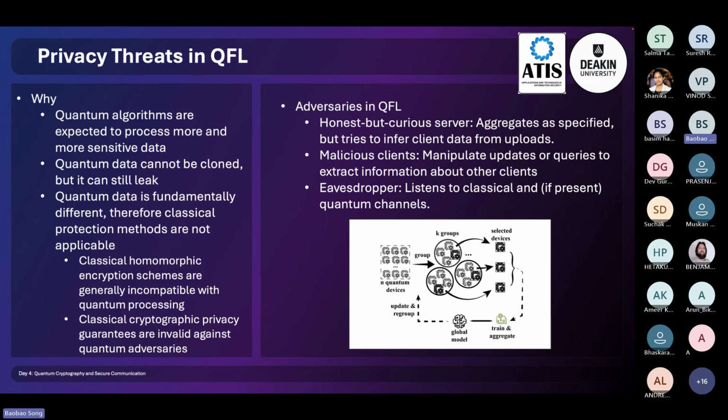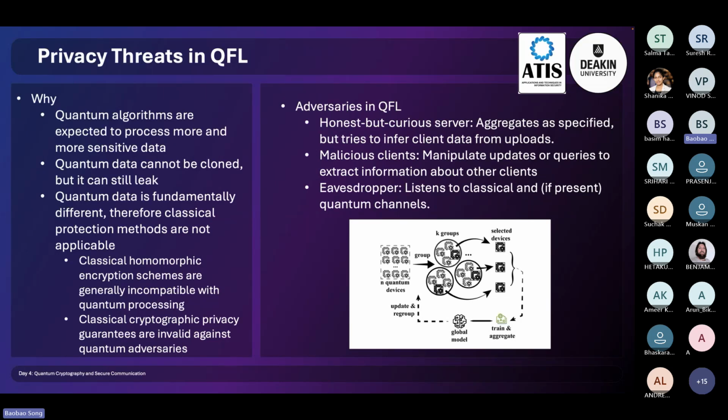And the second reason is that we know quantum data cannot be cloned, but we can do many measurements to infer the real quantum state. And the third reason is that quantum data is fundamentally different, so some classical protection methods may not be suitable for quantum data.